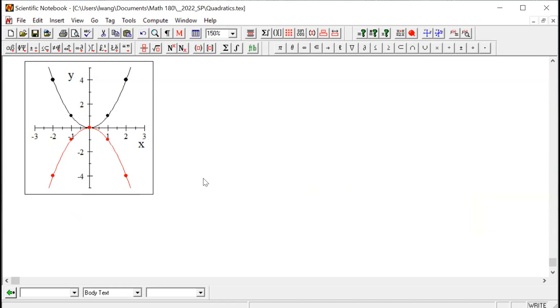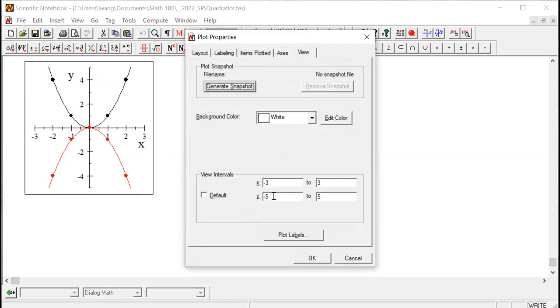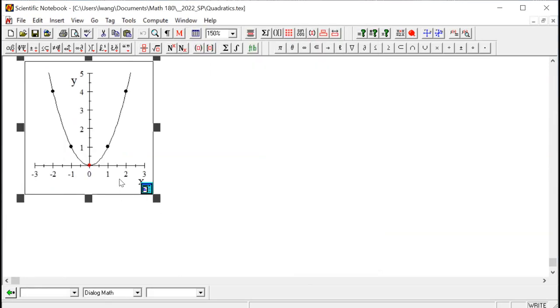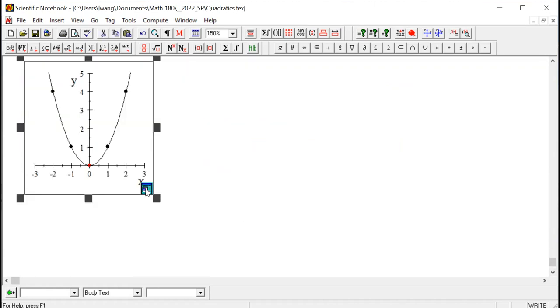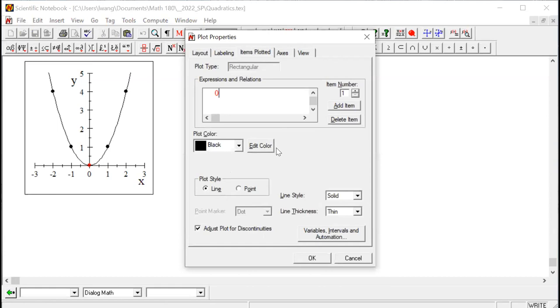And I'm going to remove the red. Okay, I remove the red. And now I'm going to put the points for x plus 1 squared on the graph.